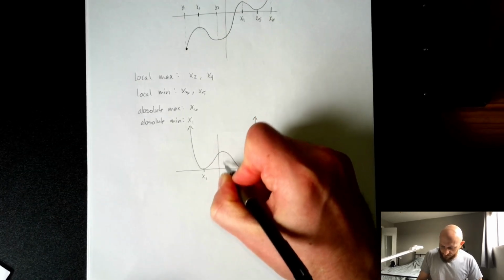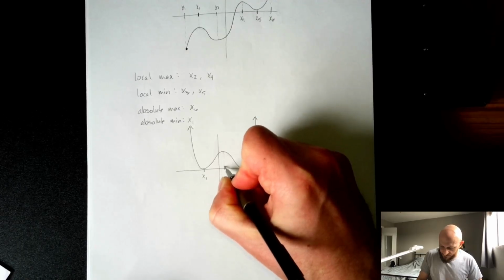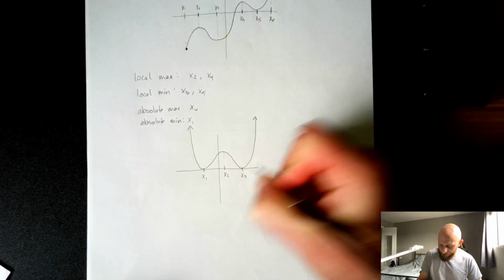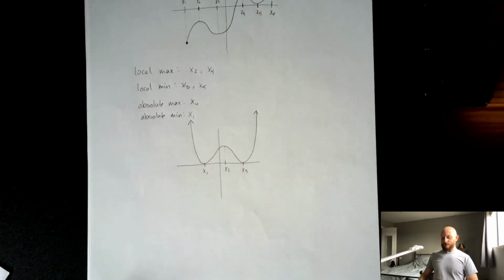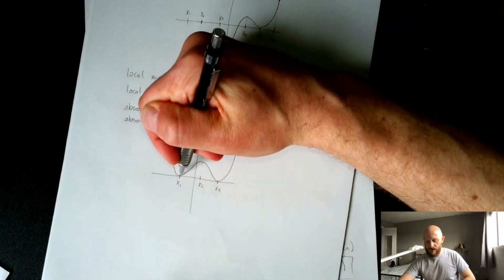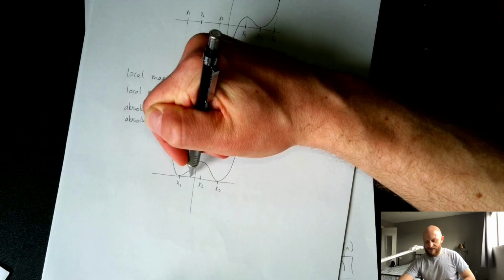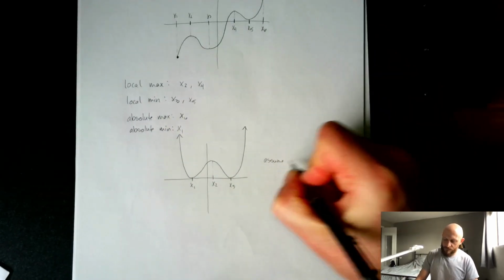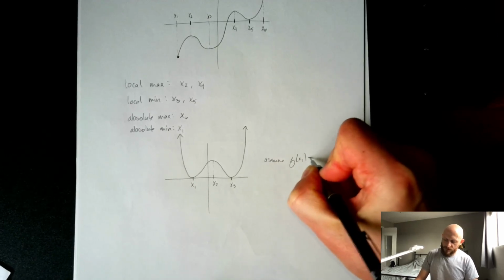I didn't get it going straight over the y-axis, so I need to put a point there. Yeah, there we go. All right. And assume too that x1 and x3, these are hitting the exact same value. Assume f of x1 equals f of x3.